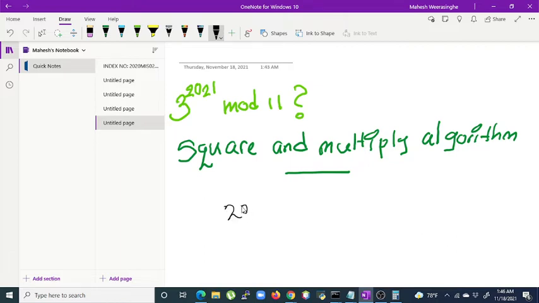Let me write: 2021 divided by 2 is 1010, the remainder is 1.